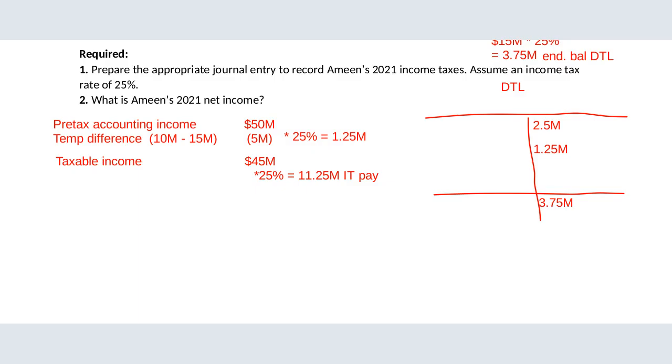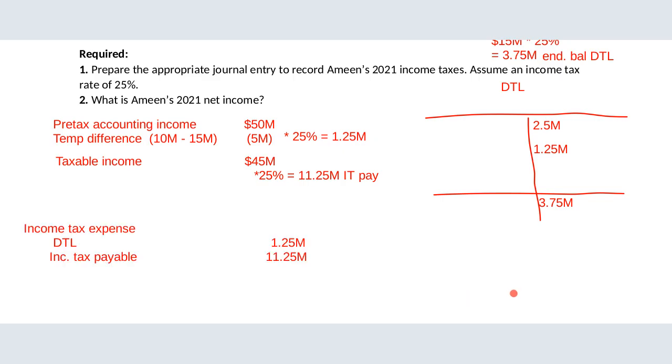So now we are armed with all this information. We can do the journal entry. We debit income tax expense. We don't know the amount yet. We credit our deferred tax liability for 1.25 million. We credit income tax payable for 11.25 million.